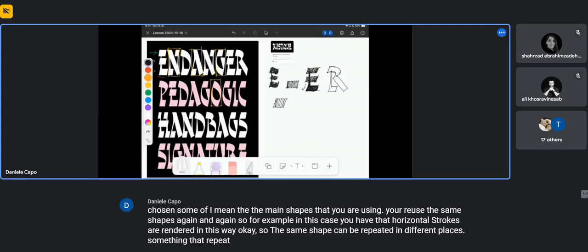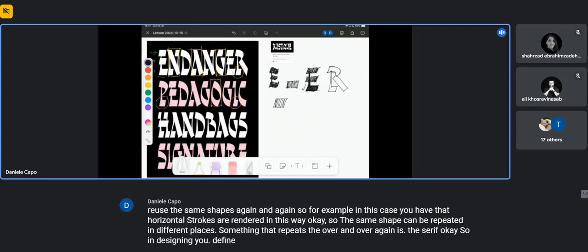Something that repeats over and over again is the serif. So in designing, you define shapes. So this is the serif that joins the vertical stroke in this way.